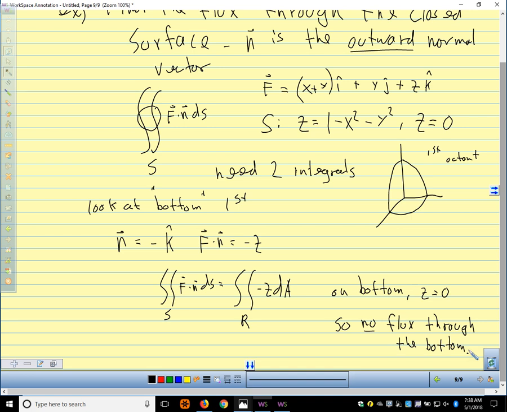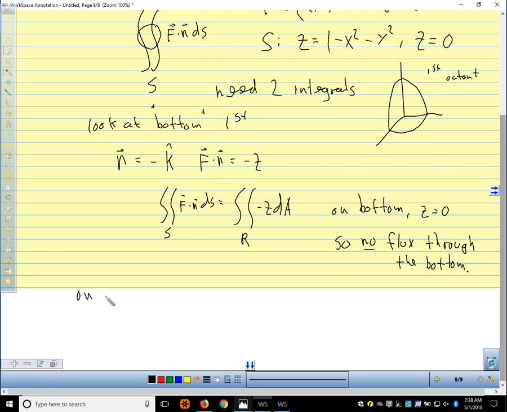On the other portion, we have z equals 1 minus x squared minus y squared. We need z minus g of xy.